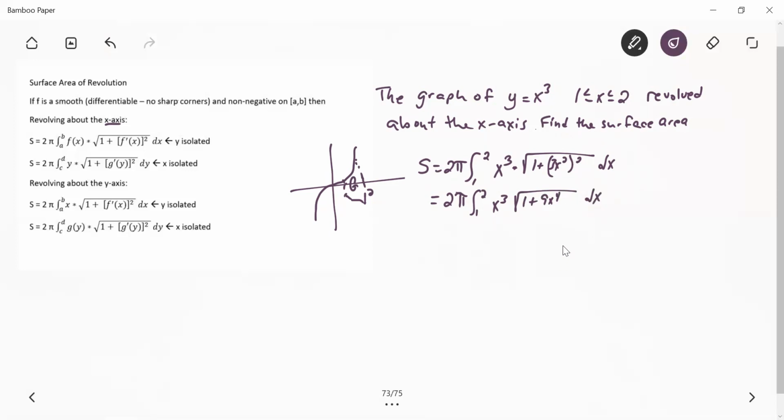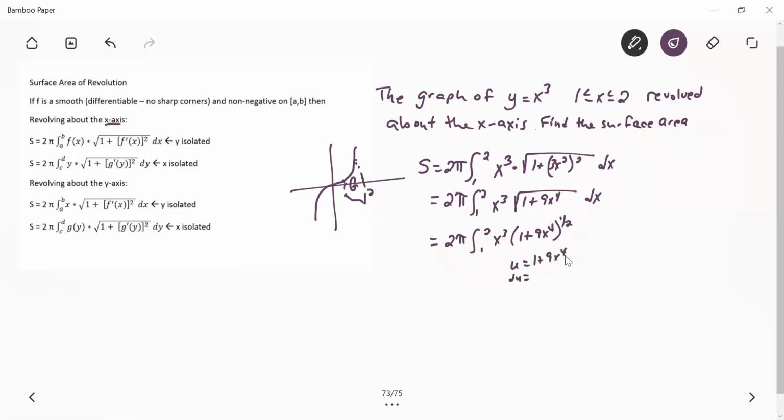All right, so let's see what we have here. 2 pi from 1 up to 2 of x cubed times 1 plus 9x to the 4th raised to the 1/2, because that's the square root. We have a little bit of a problem with this piece here, so I have to do a substitution. I'm going to say u is equal to 1 plus 9x to the 4th.